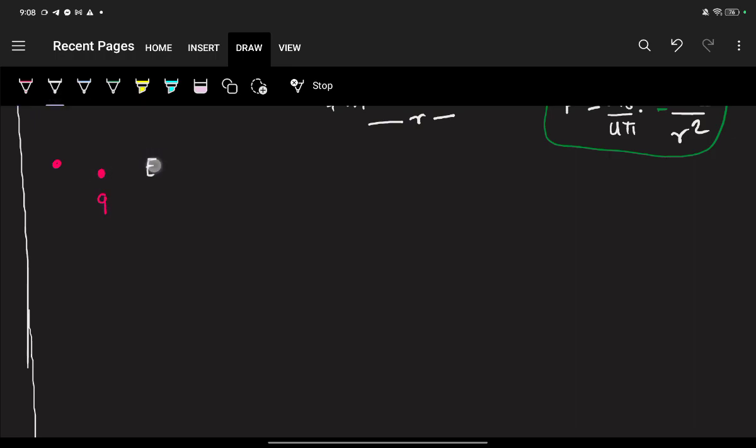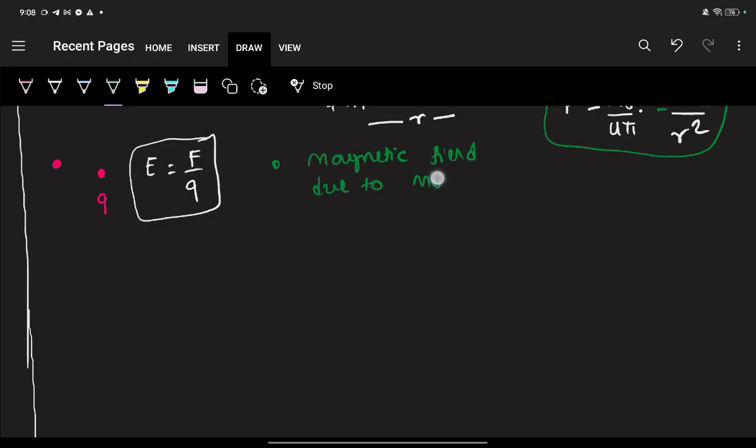And it was given as force divided by charge, right? So similarly, what's the magnetic field due to a monopole? Let's say we have this monopole of magnetic charge M. So this was the electric field due to the charge, right?